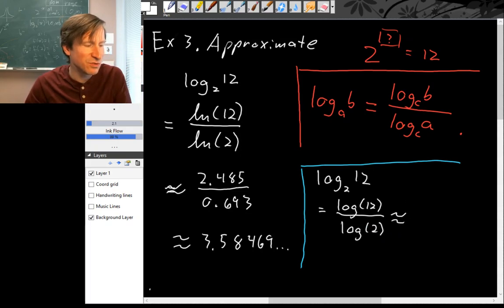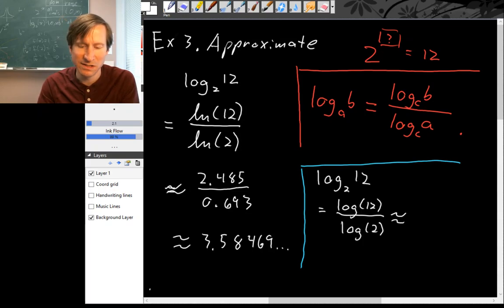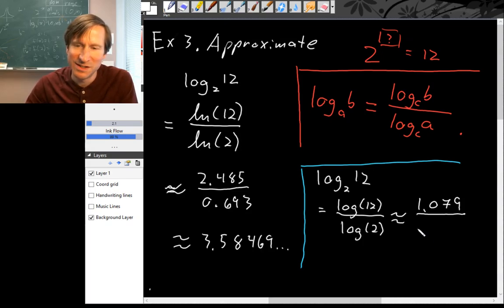If we put those into our calculator individually, let's do common log of 12. That's 1.079 and change. Common log of 2 is 0.301 and change.